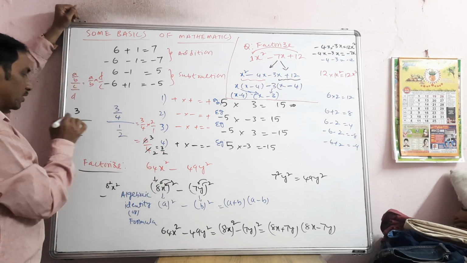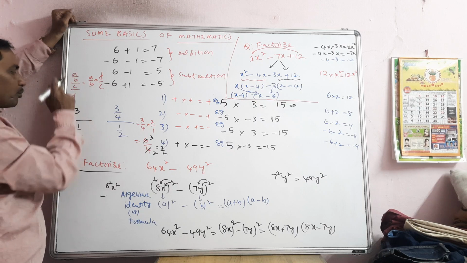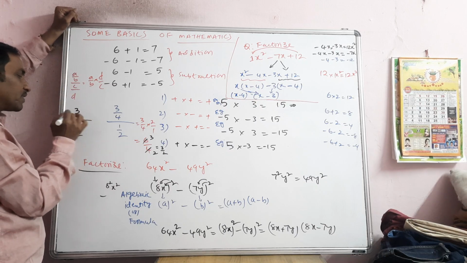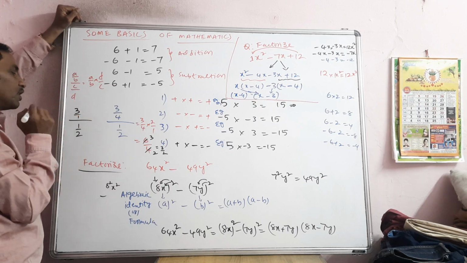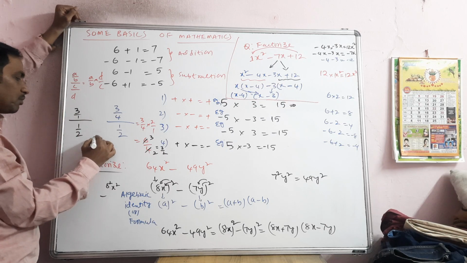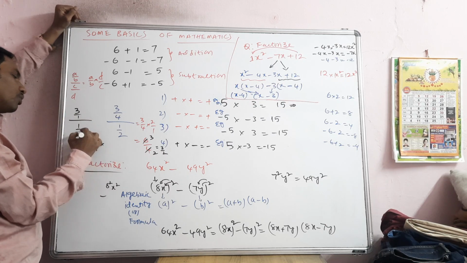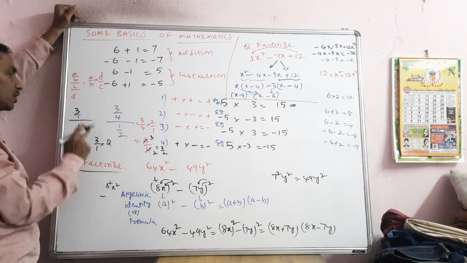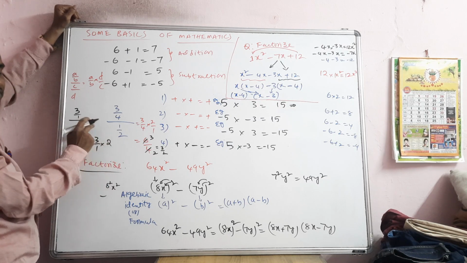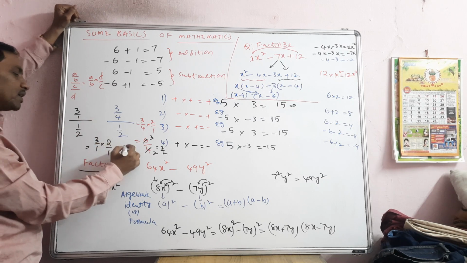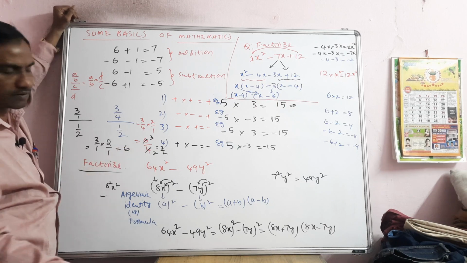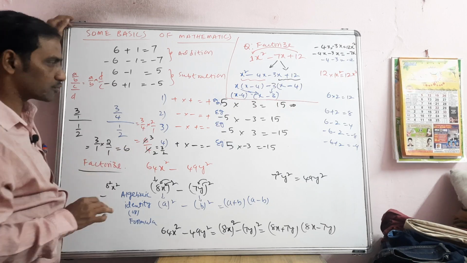Now in this case there is no B, but it means 3 has nothing beside it, meaning 1 is there. So this number will become 3 by 1, and the bottommost number will come to the topmost numerator beside it. So you will get the answer as 6. This is the way you should do it.